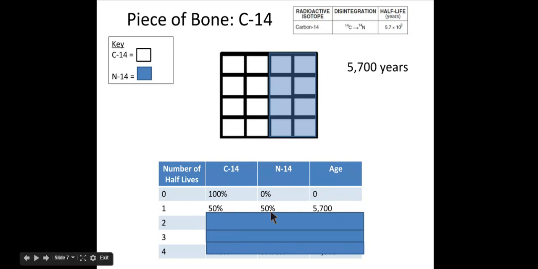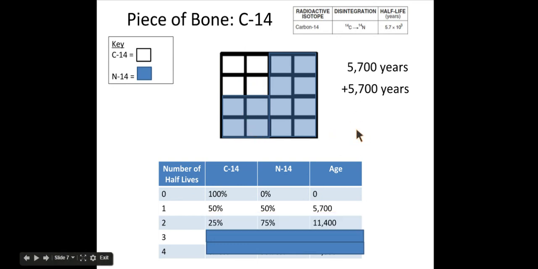It shows down in our chart down at the bottom, and the age is 5,700 years. If another half-life goes by, we cut that carbon-14 in half again. So we now have 25% carbon-14 and 75% N14. And the age is 11,400 years because we add the 2 half-lives together.